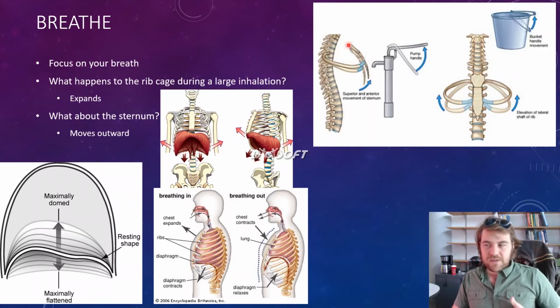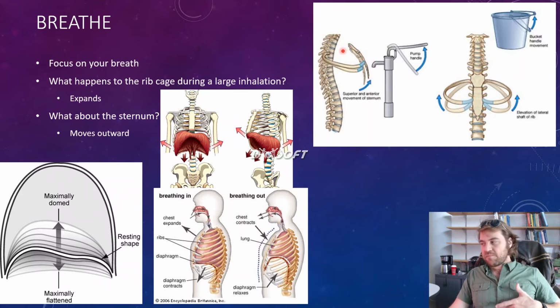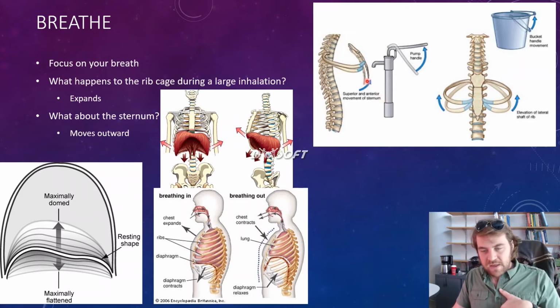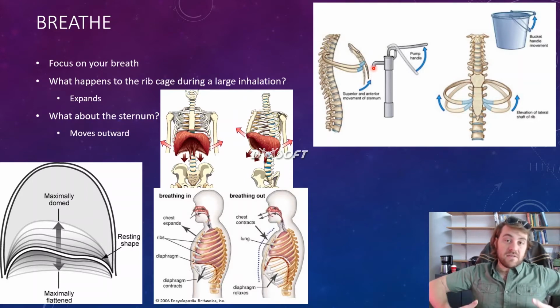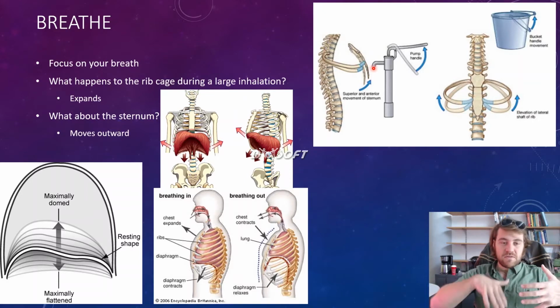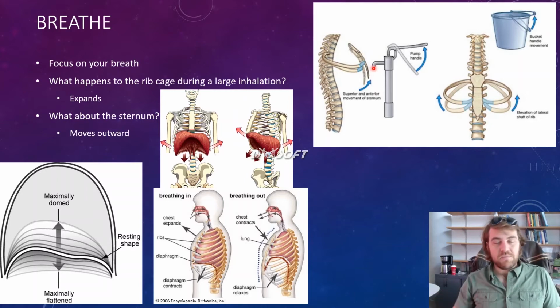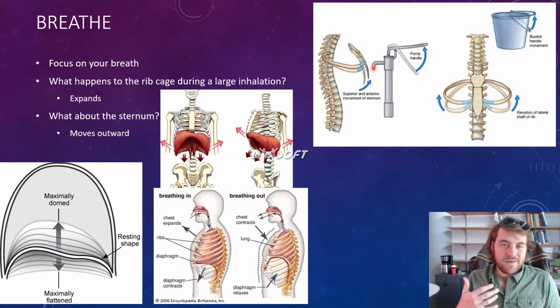This is why you can feel it more right here at the very bottom of your sternum, that it's hinging outward, because it does hinge like this pump handle, right? So this part up here is not moving a whole lot, but down at this end, it's moving a lot more. Not as much as the pump handle, but you can see that it's moving a little bit. That's because, again, the rib cage is getting larger. It's coming more straight out, so the sternum would move upwards as well. All right, so that's what's happening when you breathe in.